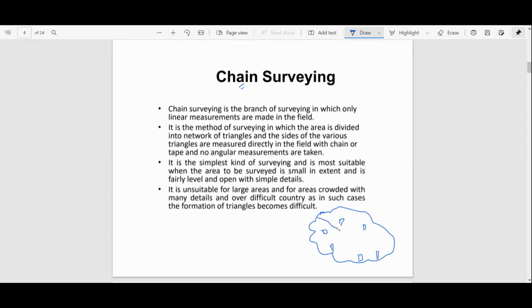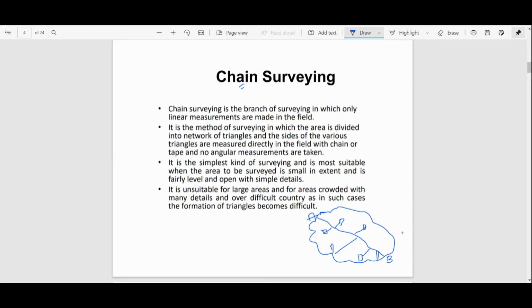Suppose this is a survey baseline that we have drawn from this point A to this point B. So this reference line will be taken as a baseline so that we can get the detail of other objects from this line. Offsets will be taken and all the details will be collected. Basically this comes under chain surveying, and these distances will be calculated with the help of chain. So that is basically chain surveying.